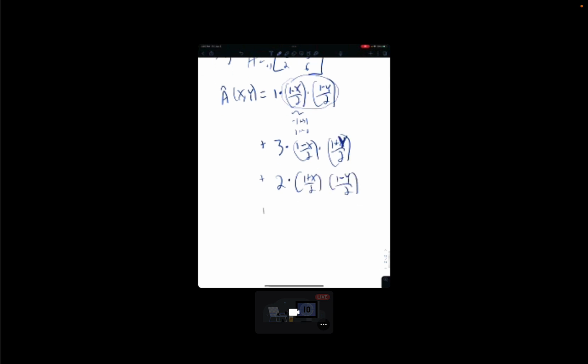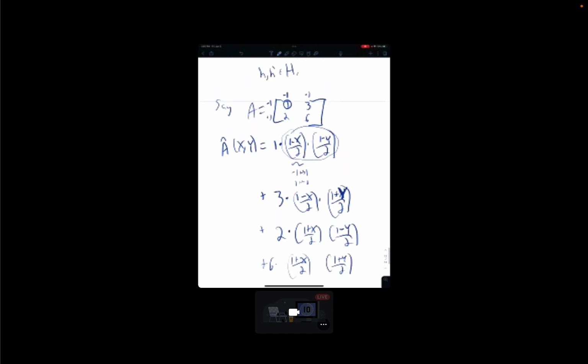And then finally, we have 6 times 1 plus x over 2, 1 plus y over 2. Okay, so that's what I mean by the bilinear low degree extension polynomial of A.